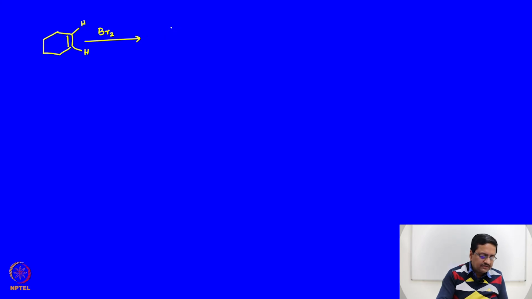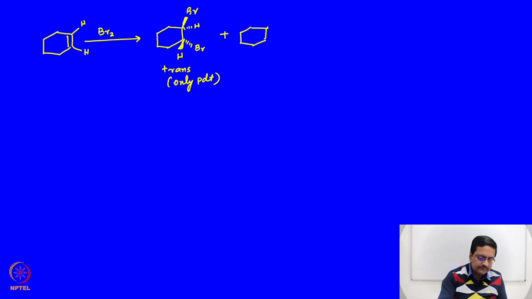But here, when we do the reaction in the same way, we only end up getting the trans dibromocyclohexane, and we don't get the corresponding cis dibromocyclohexane, because as we know, the reaction mechanism does not allow the formation of this cis isomer. No formation of this compound.